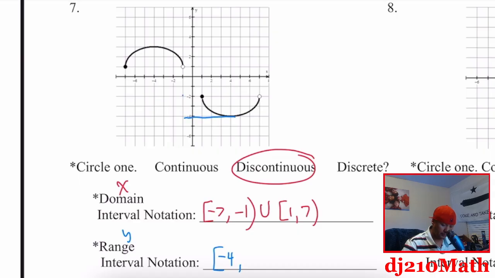Slide up slightly, we have -2. Now, even though there's a closed circle and an open circle on the same line, the closed circle gets priority. So this is going to be -2 bracket. If it was two open circles, that's a different story. Then it would be parentheses. But when it's mixed like this, the closed circle trumps the open circle.